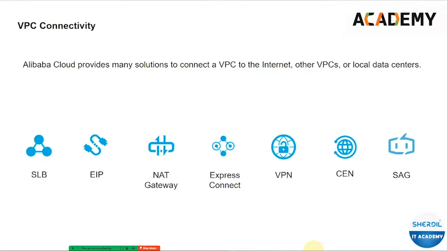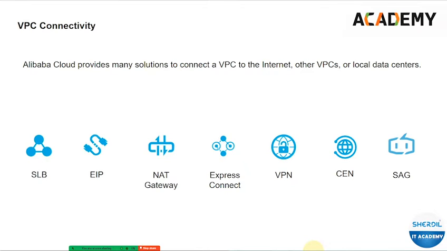Express Connect is the physical fiber line which helps you to connect your VPC to the on-premises data center with the help of an ISP. It will terminate the layer and the pigtail fiber on the ISP end, and the ISP will create a layer 3 circuit in order to communicate between your on-premises data center and the Alibaba Cloud Express Connect using these pigtails.